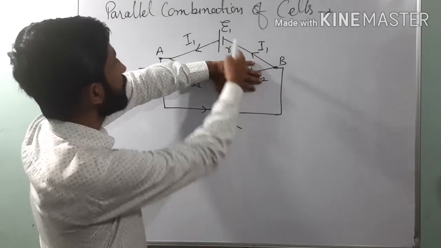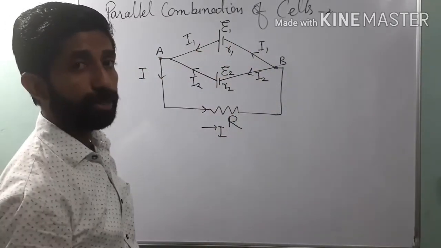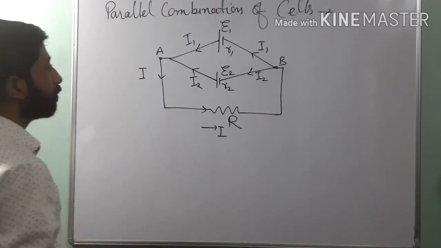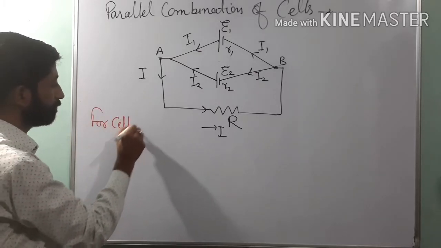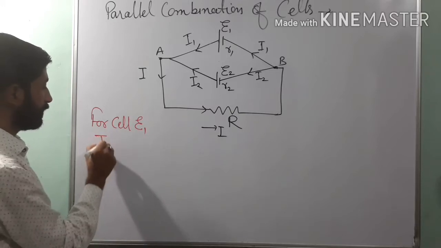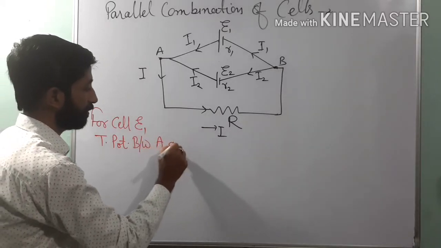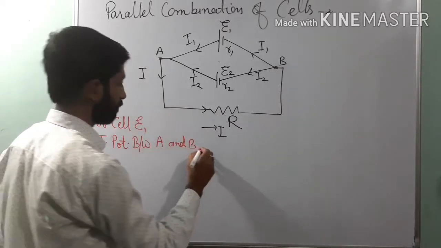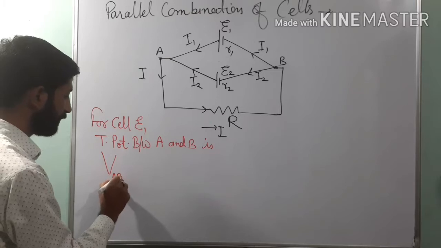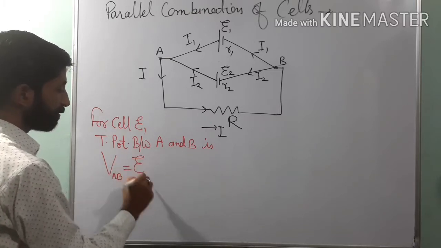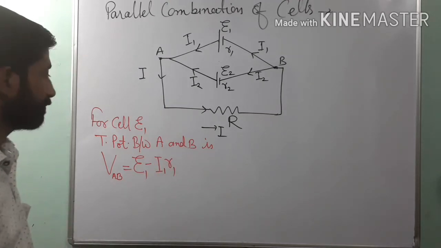If only this one is connected, giving current I1 with internal resistance R1, then for cell E1 the terminal potential between A and B is V_AB equals E.M.F of the cell E1 minus I1 R1.